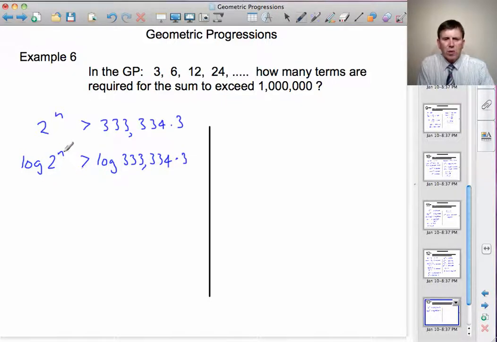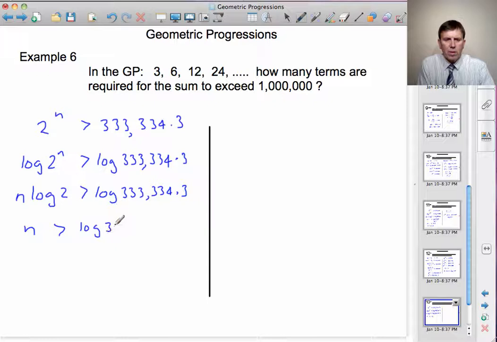Now with laws of logarithms, the n comes to the front and we write that as n log 2. N log 2 will be greater than the log of 333,334.3. And so n will be greater than the log of 333,334.3 divided by log 2.